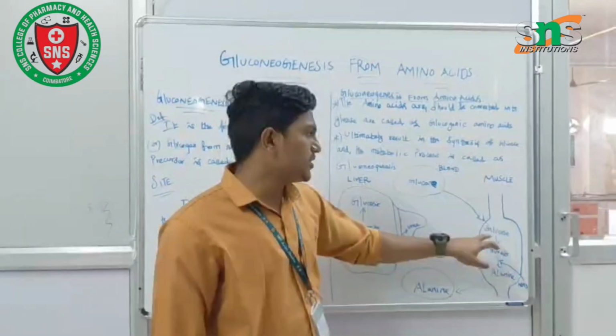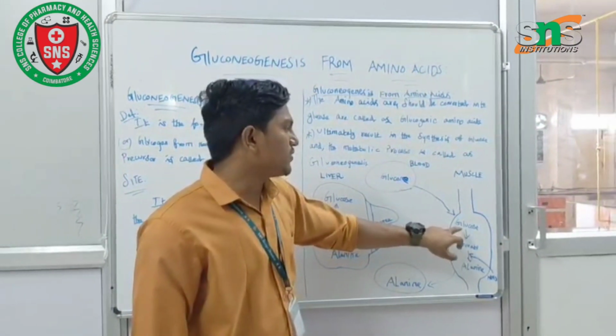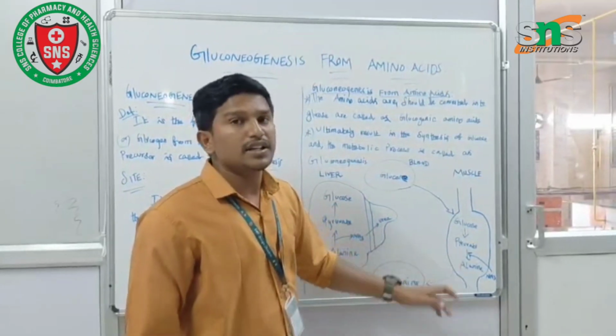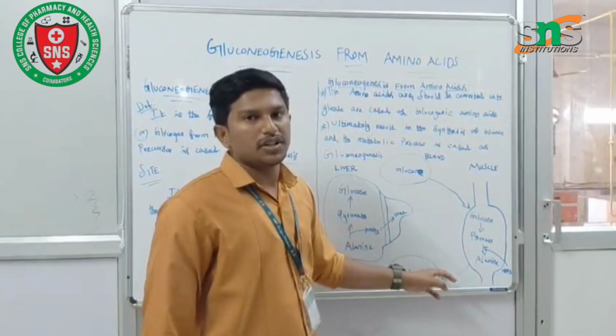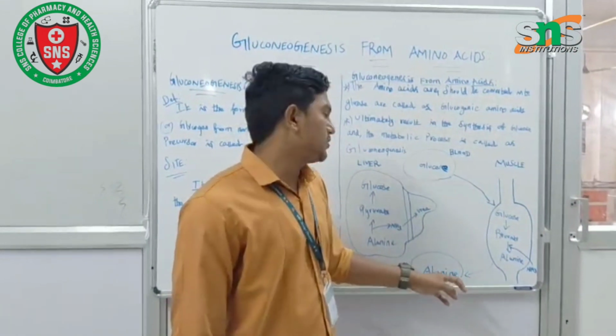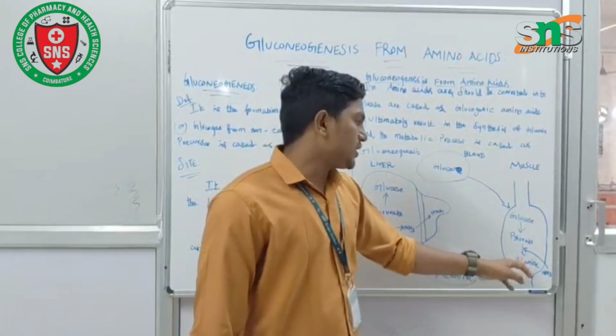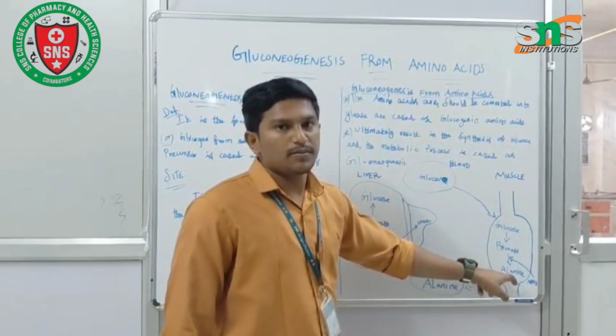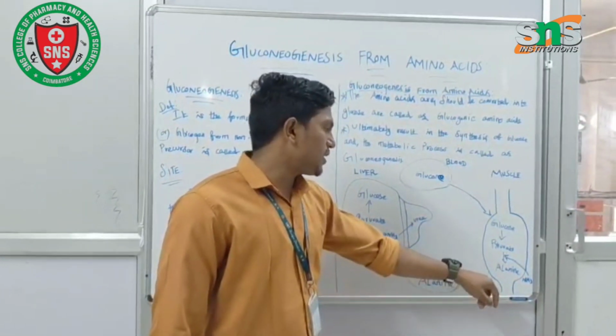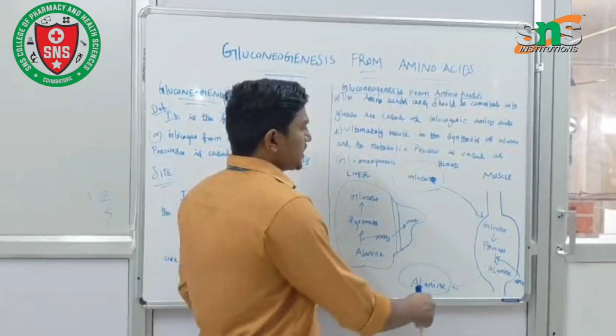In the muscles, glucose is converted into pyruvate, which reacts with amino acids like alanine, in the presence of ammonia, NH3. Alanine is one of the amino acids.